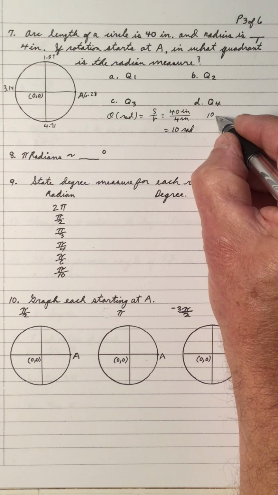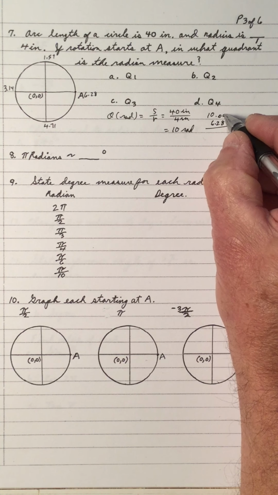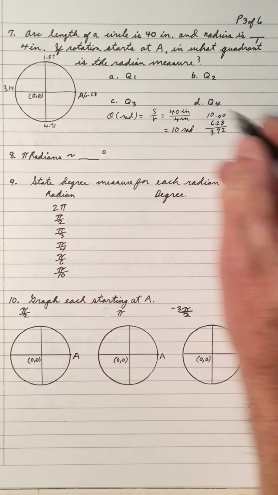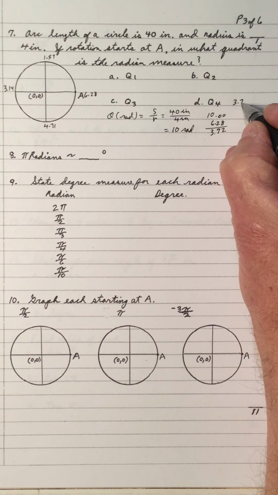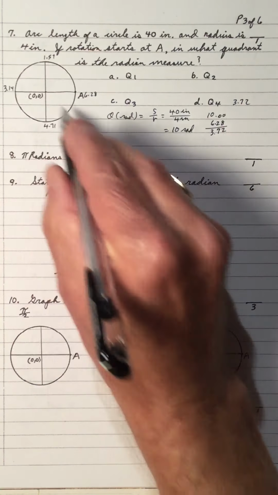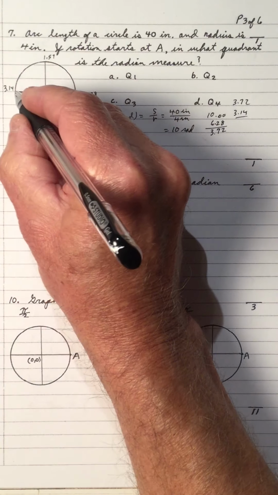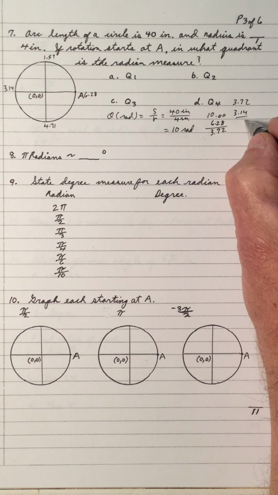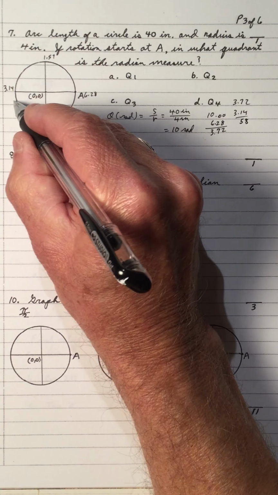So if we take 10 and subtract 6.28, you get 3.72 to go. So 3.72, and we go to 3.14. 3.14 is right here, and you're gone 6.28, 3.14, and you're into here.